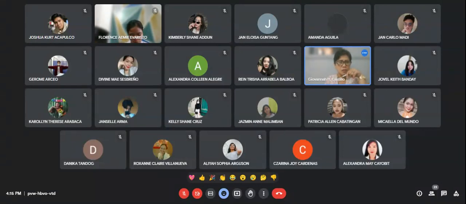Sabi niyo meron tayong disaster and risk management organization or offices at different levels. May provincial, may national, and sa mga local government units. Jerome, where are you? Dito po, ma'am.